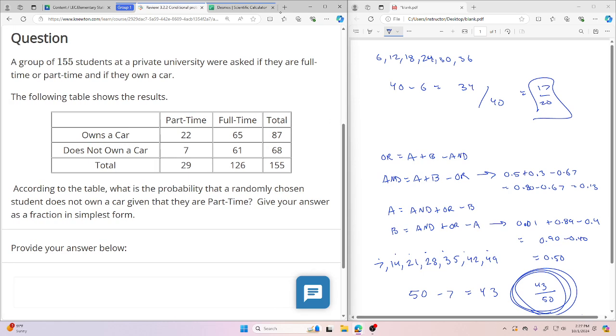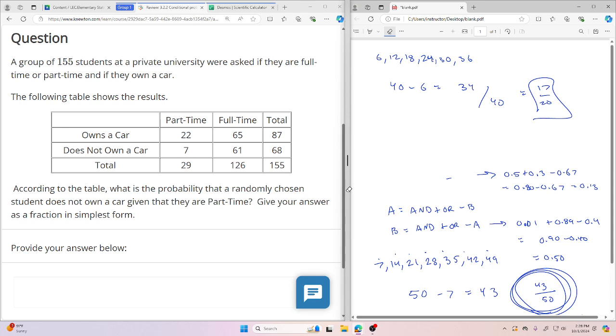Okay, fine. According to the table, what's the probability a randomly chosen student does not own a car given that they are part-time? You see that given? So I'm saying only part-time. So then I'm covering up the full-time. My total doesn't make sense anymore. I'm only looking at the part-time column. Now they're asking what's the probability does not own a car.